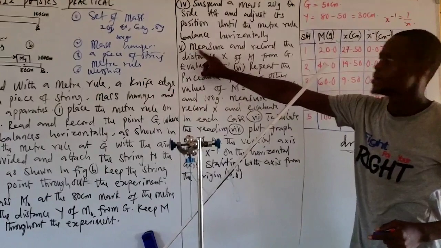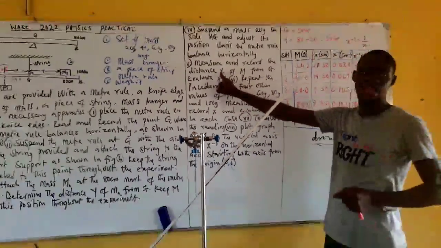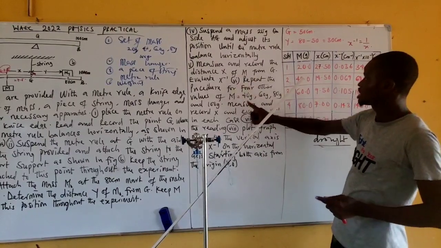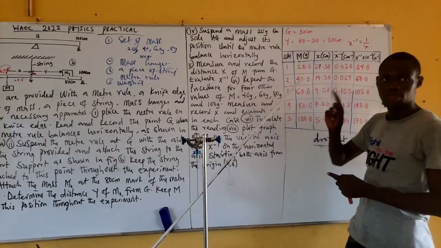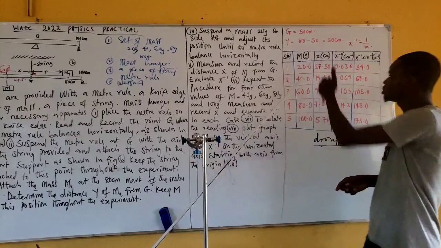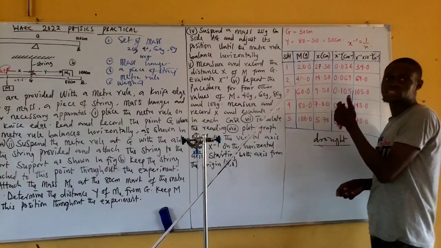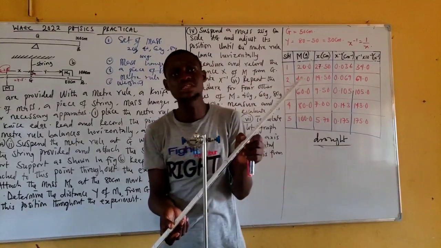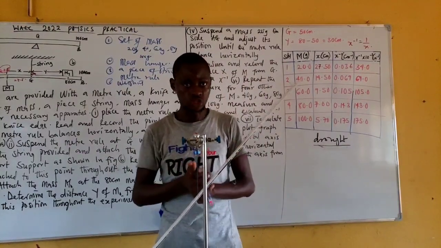From the question, it said, measure and record the distance S of mass from G. Since you are given varying masses, automatically the distance S should be tabulated. And your distance should be in centimeters. Why in centimeters? Because the ruler that you are using is in centimeters. Note that.